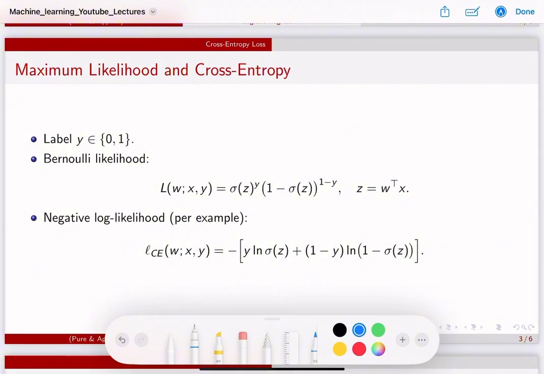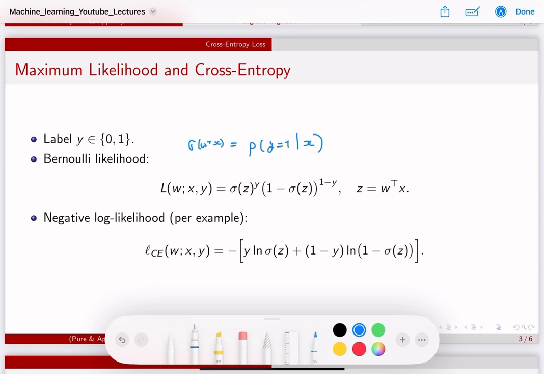So recall that we're going to take sigma of z to be the probability of y equals 1 given x, and to be more precise, sigma of omega transpose x is going to be this thing. To get the optimal model, we need to maximize something called the likelihood.